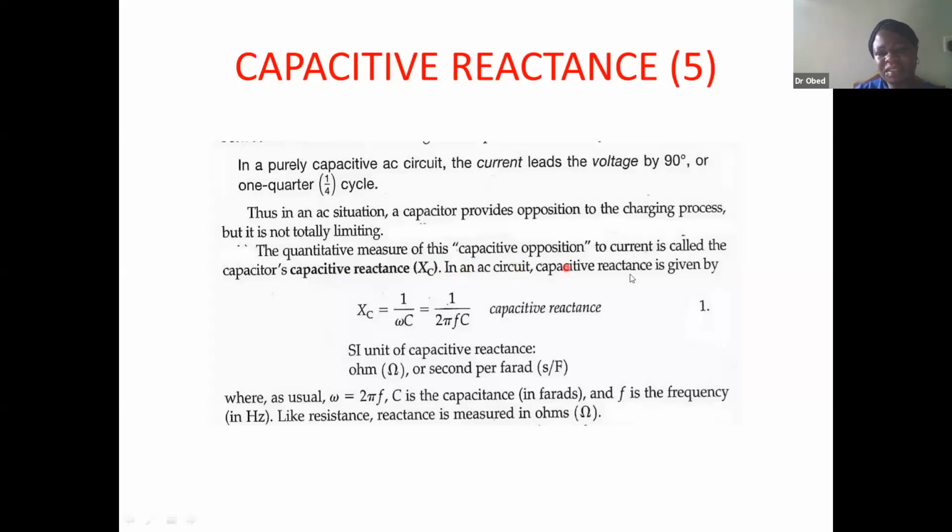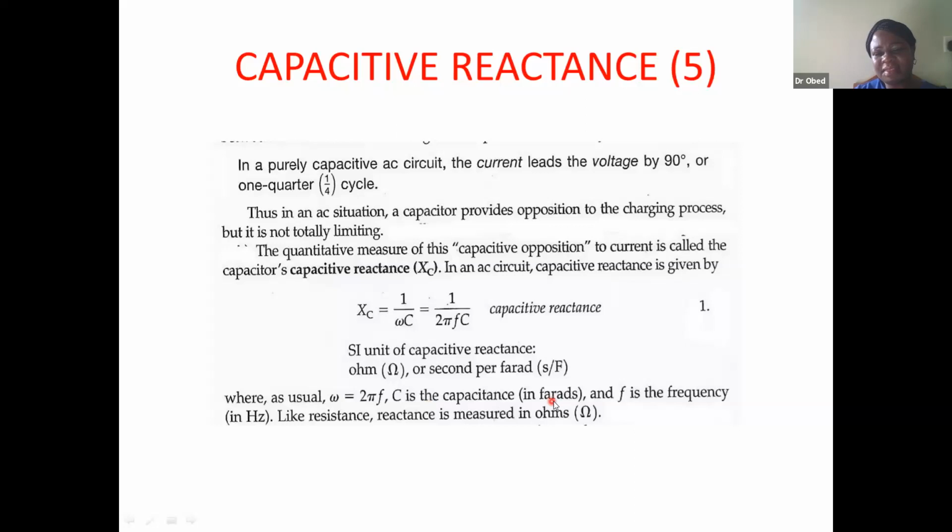So in an AC circuit, capacitive reactance is given by X_C equals 1 over omega C, equals 1 over 2 pi F C. The SI unit of capacitive reactance is ohm, or second per farad, where, as usual, omega is equal to 2 pi F, and capital letter C is the capacitance in farads, and F is the frequency in hertz.